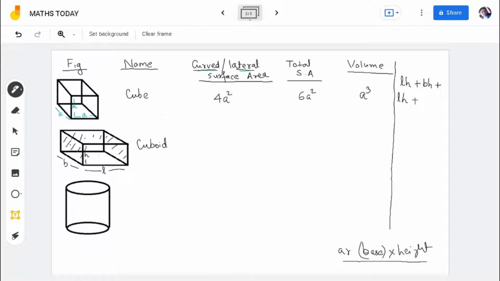So here again I am writing base into height, and if I add all these areas, I will get the area of the curved surface. So I have got 2LH and 2BH. So I can write 2LH plus 2BH. Now from these two terms, we can take common 2 and H, and we are left with L plus B. So here is the formula for finding out the curved surface area of cuboid: 2H into L plus B.